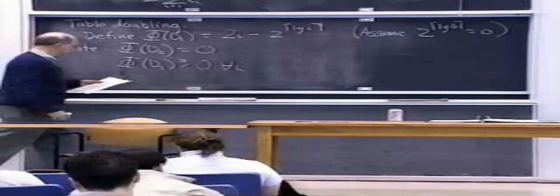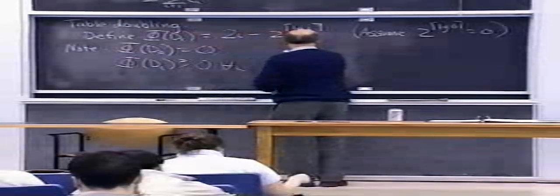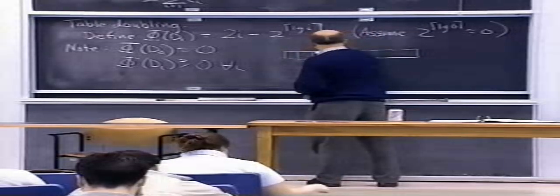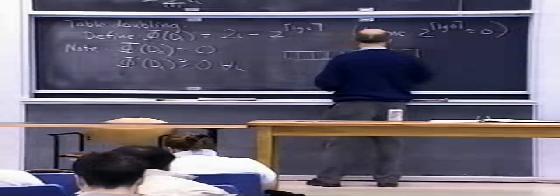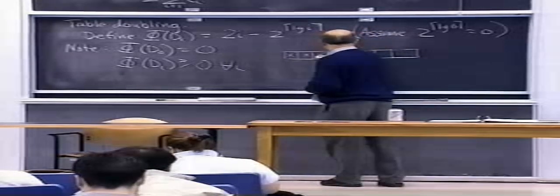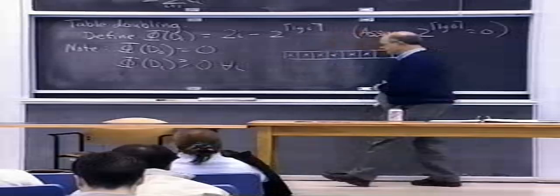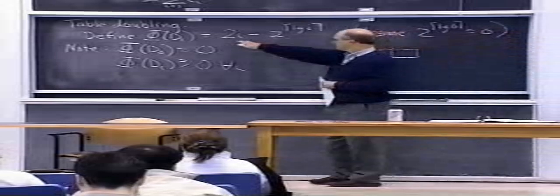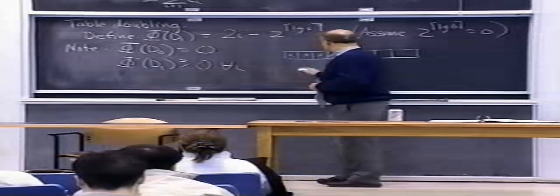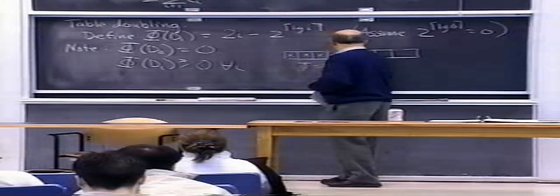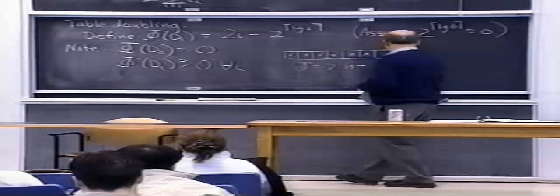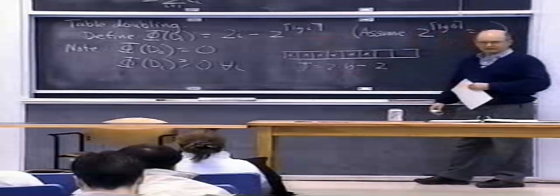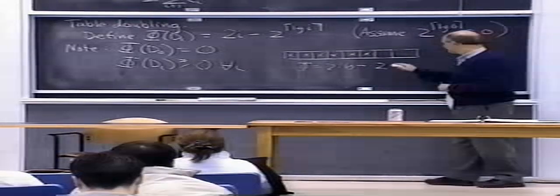Okay, and so in some sense what I've got here, let's just take a look at an example. Let's take the case where I've got a table of size 8 and it's filled in 6 places. So I've done 6 inserts. So what is this value here? In this case, phi is equal to 2 times 6 minus 2 to the, what's the ceiling of log i if i is 6? 3.